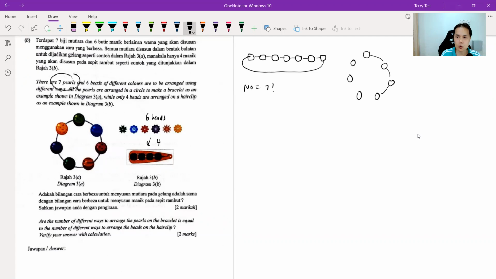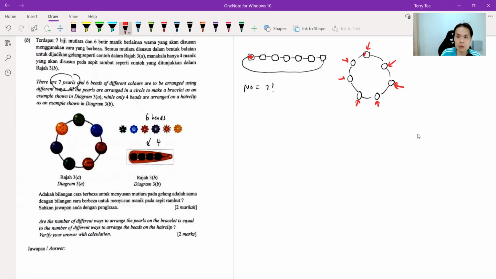And we can actually rotate them at 7 different positions. For example, let me just say this one is the red one. So I can put the red one in the first position here. Yeah. And I can put the second position. I mean, I can rotate it at different positions. Third, fourth, fifth, sixth, seventh. So there are 7 different ways we can actually rotate them, and they actually are the same arrangement.